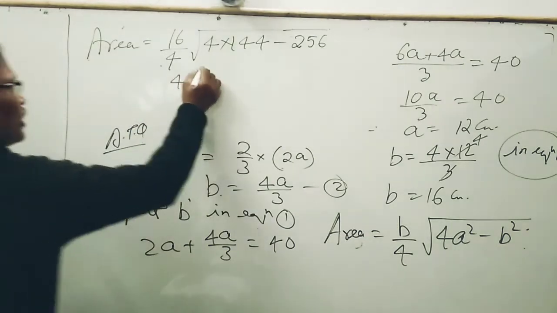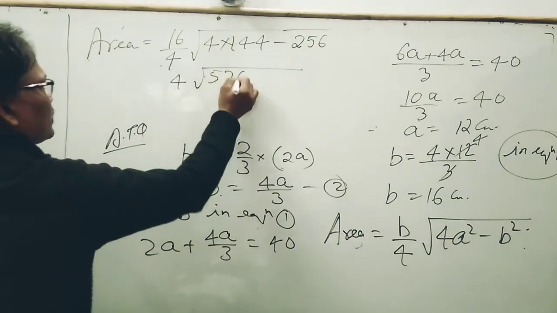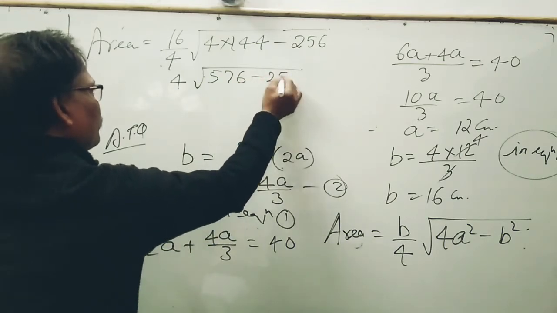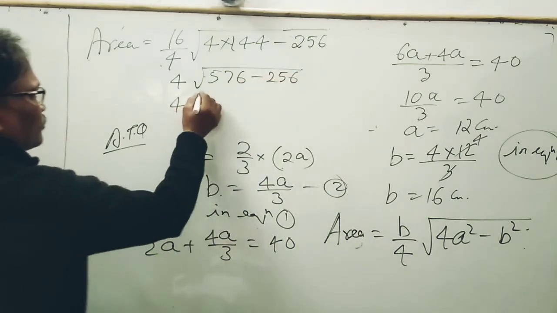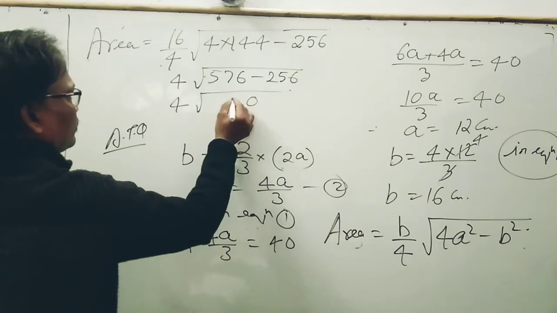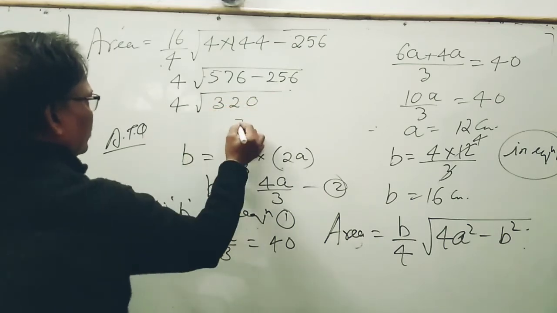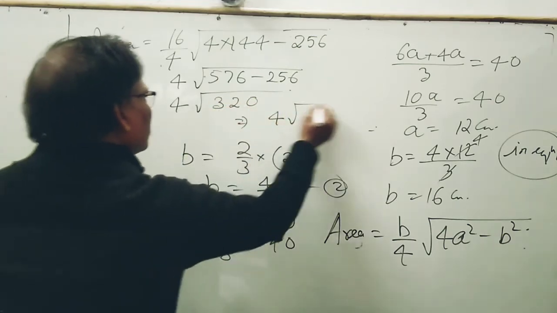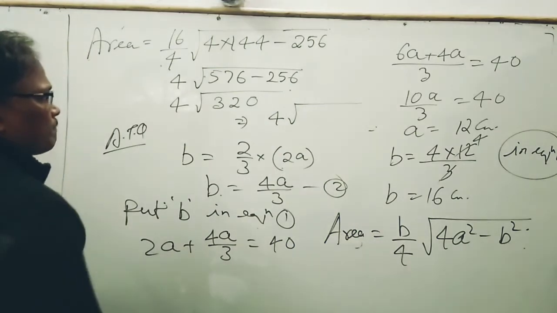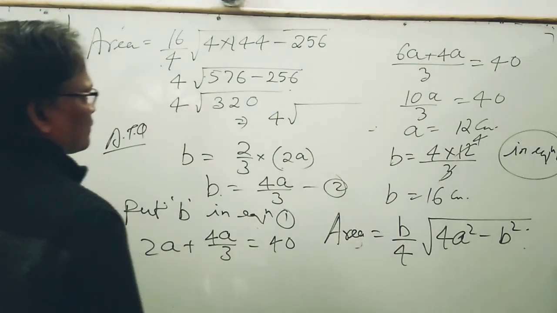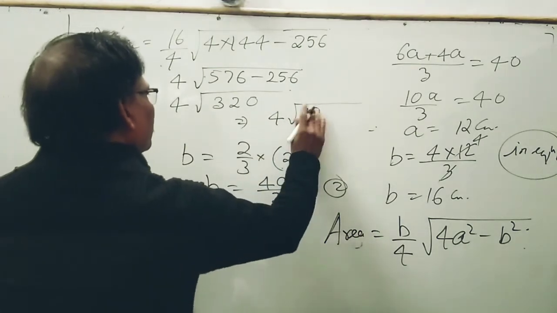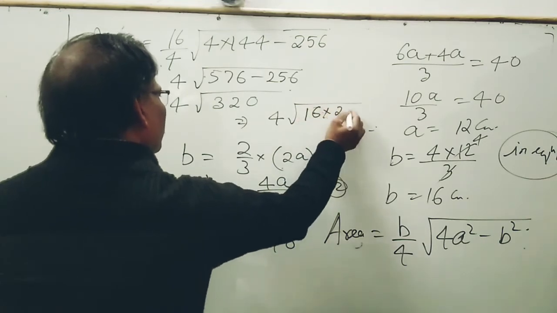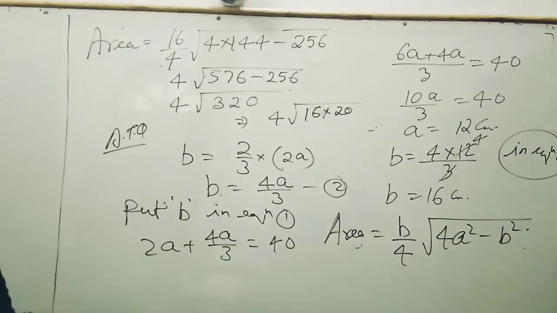So 4 under root 576 minus 256. So it will be 320. 16 into 20 you can write this. Then simplify more.